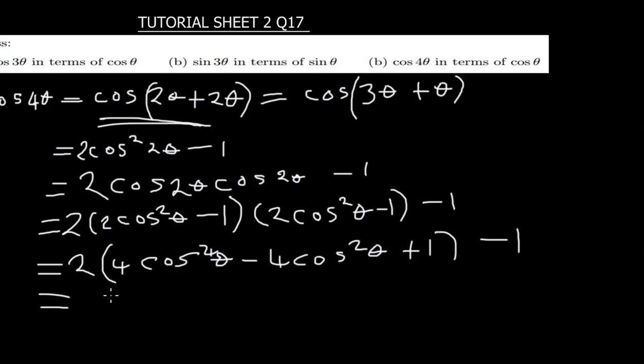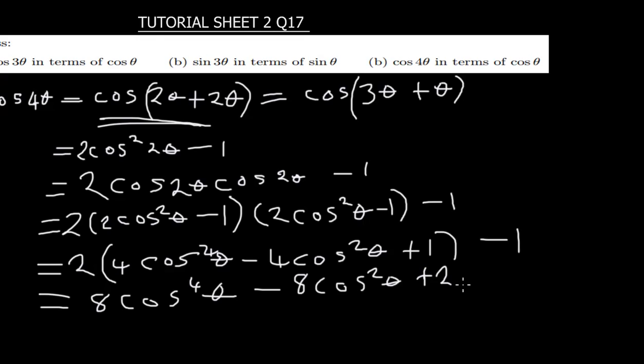Then when you simplify this, you're going to have 8 cos to the power 4 theta minus 8 cos squared theta, then plus 2, then minus 1.